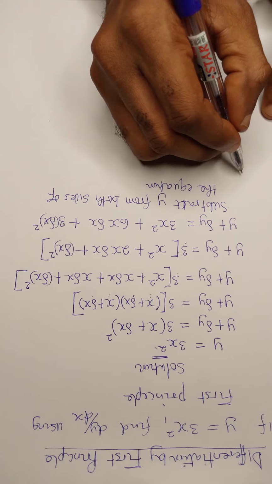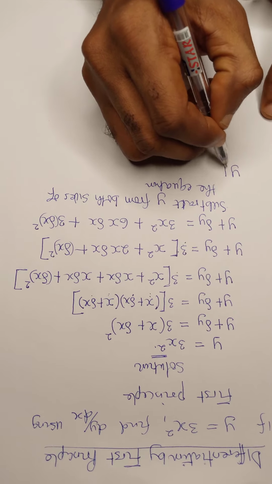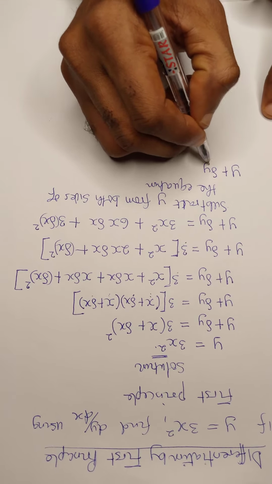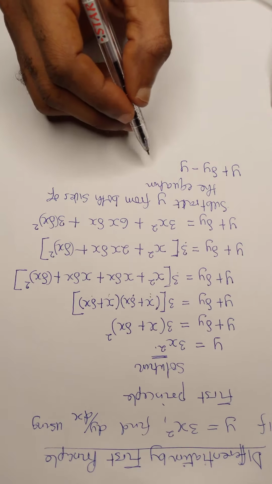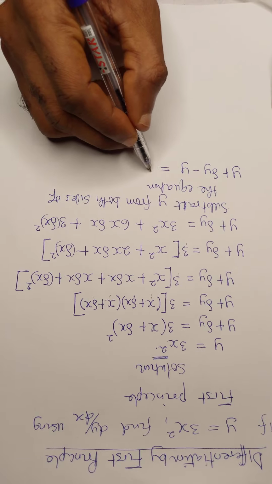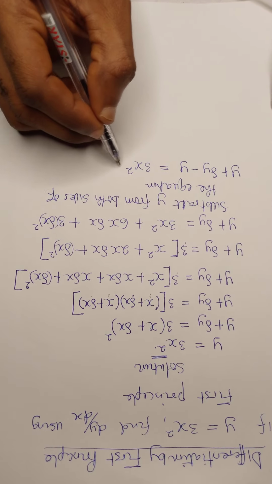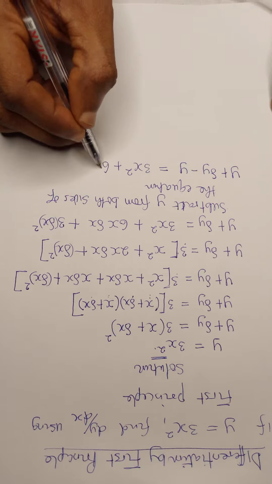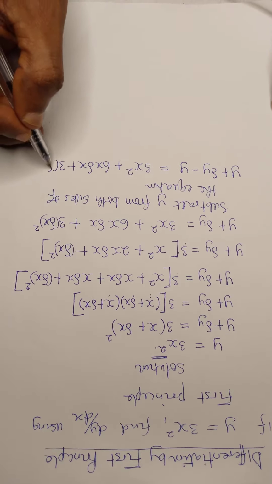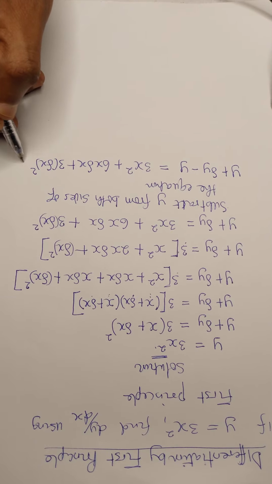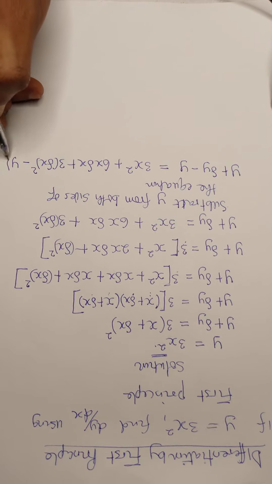When we do that, we are going to have y plus change in y minus y equal to 3x squared plus 6x change in x plus 3 into change in x all squared minus y.